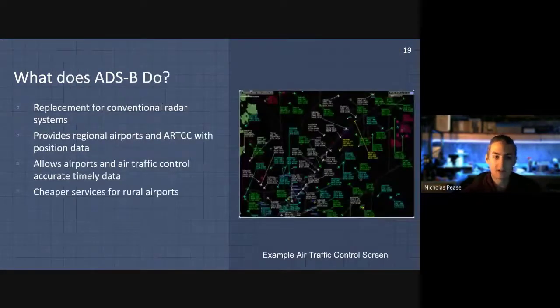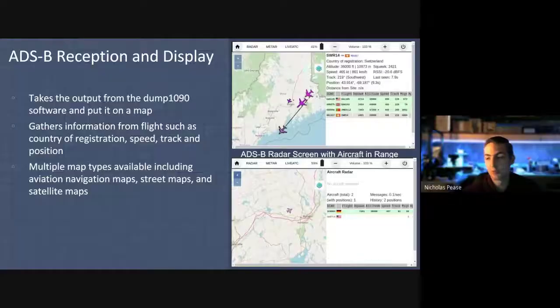Works basically anywhere. Like I said, basically ADS-B just works. It's a replacement for conventional radar. It's cheaper, and you can run it more rurally instead of needing $1 million hardware to access information. It just increases safety for small airports around the country. A couple features of my device. Here's some screenshots of it working.